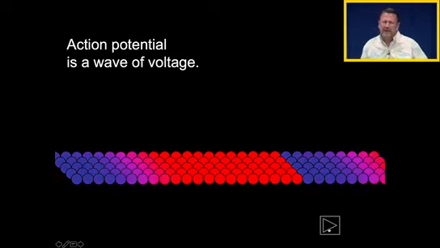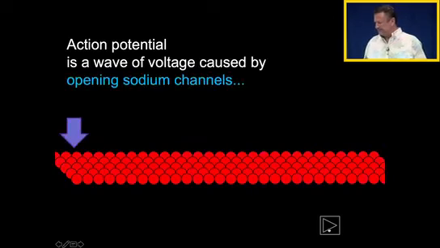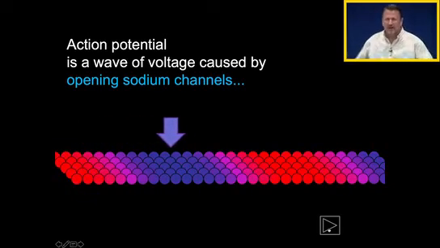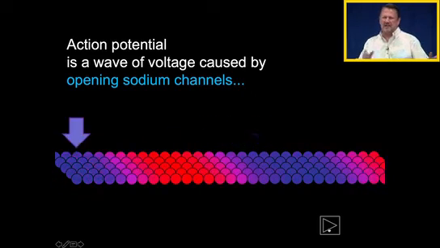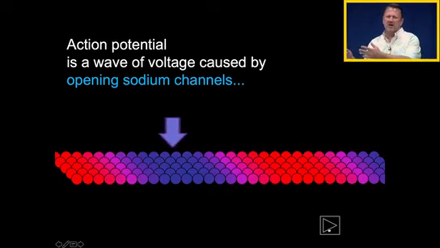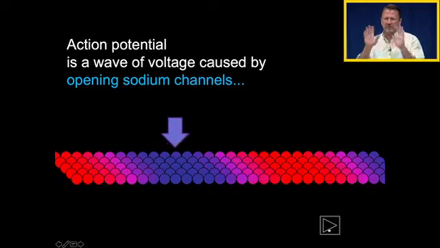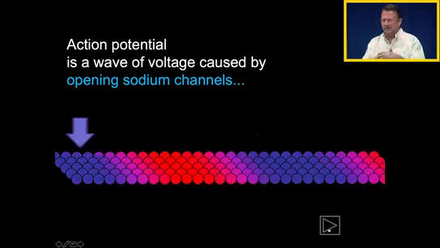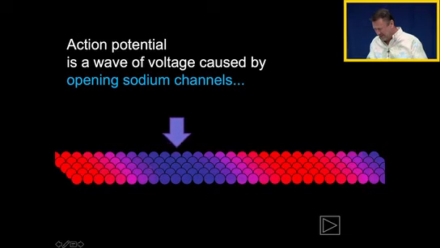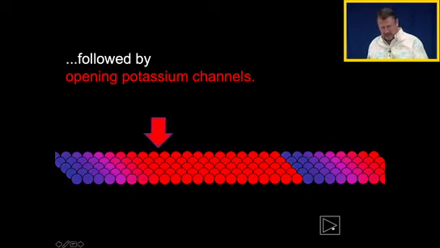So this would be a membrane of an action potential. Here, this would be the membrane of an axon. And what I wanted you to see is the action potential moving down the axon. What we're seeing with the blues, those are opening the sodium channels, and the sodium comes rushing in. And then you'll notice right in that local area, the red part is the potassium channels opening to recompensate the membrane.